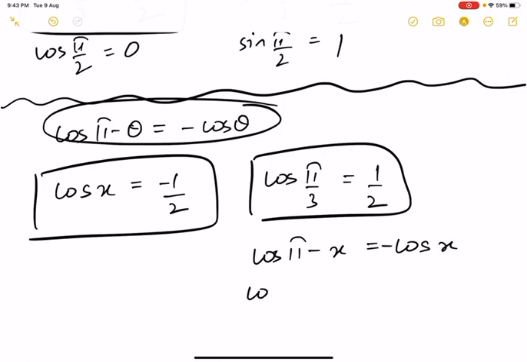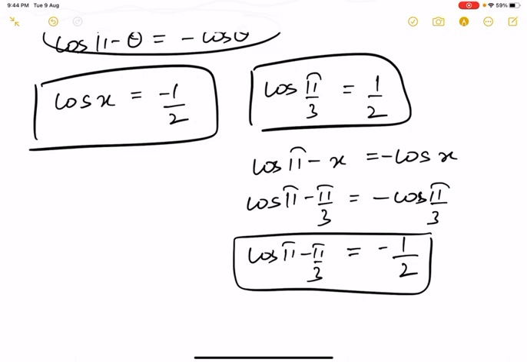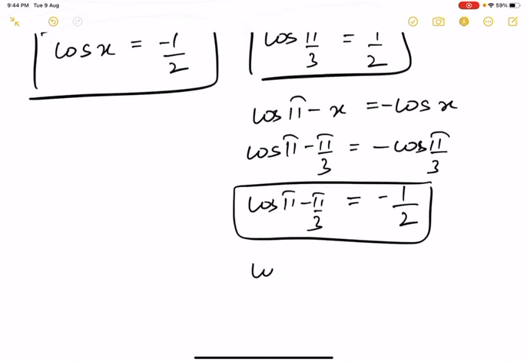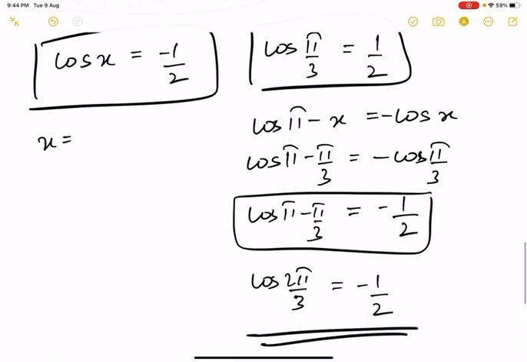If I take x to be pi by 3, then cos of pi minus pi by 3 is equal to negative cos of pi by 3, which is negative half. Now pi minus pi by 3 is just 2 pi by 3. So can I say x is equal to 2 pi by 3 is a solution?